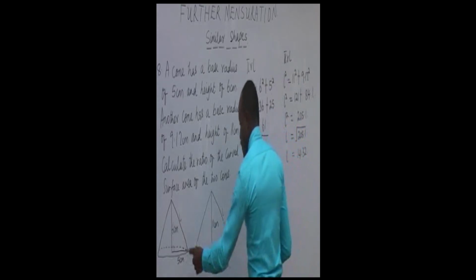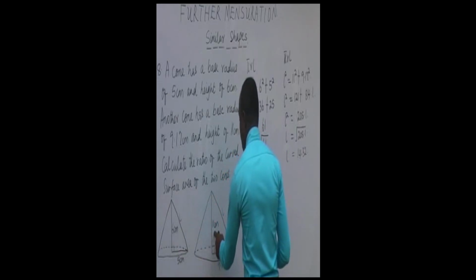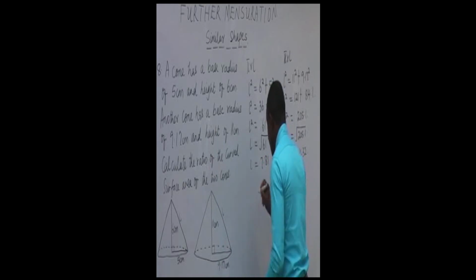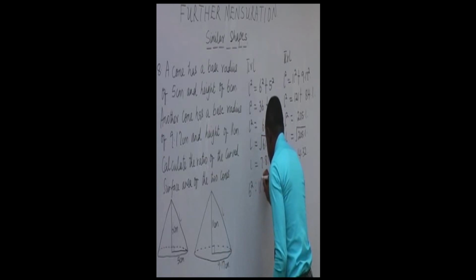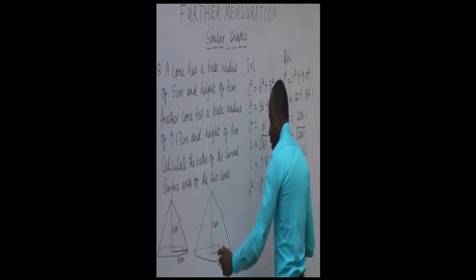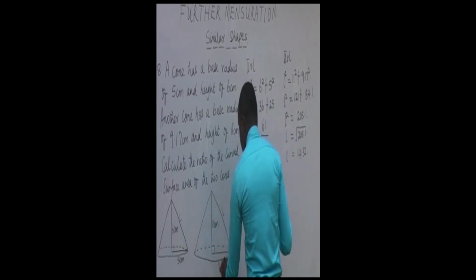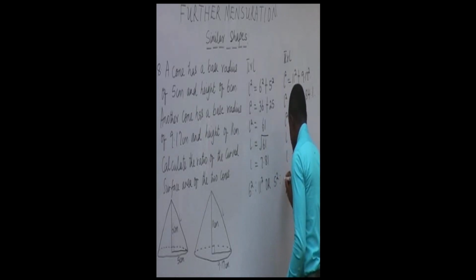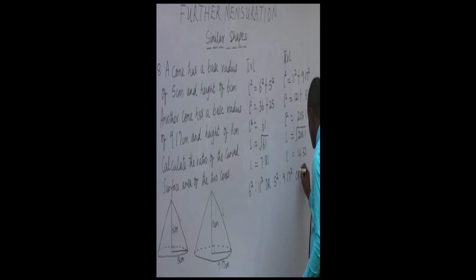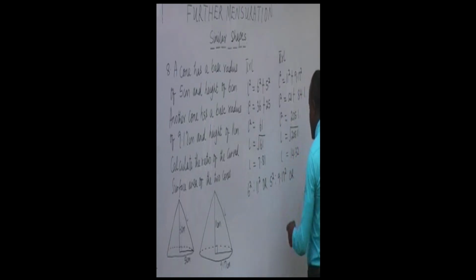If you like, you take the square of 6 is to the square of 11, which is the perpendicular height. 6 squared is to 11 squared, or the square of the radius, 5 squared is to 9.17 squared, or the slant height that we calculated, 7.81 squared is to 14.32 squared.